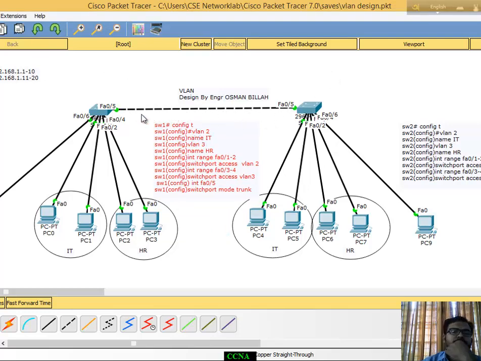So we communicate between these switches by these rules and regulations.